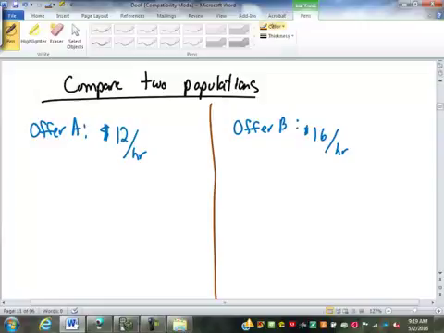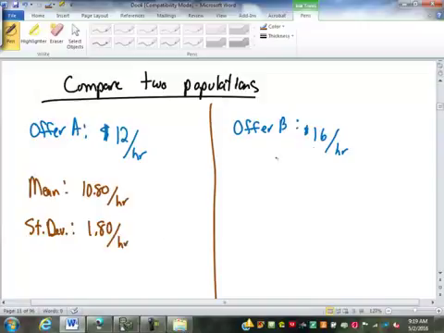But if we're looking in the area where offer A is from, the mean starting wage is $10.80 per hour. The standard deviation is $1.80 per hour.